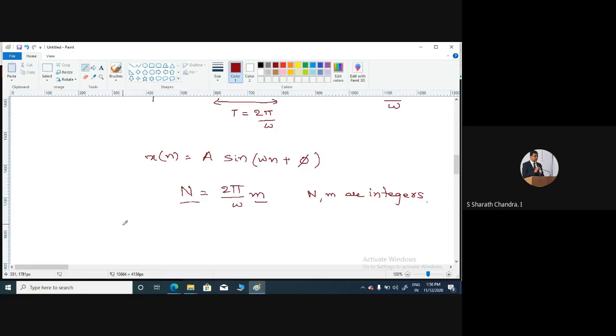All continuous time sinusoidal signals are periodic, but discrete time sinusoidal sequences may not be periodic depending upon the value of omega. We shall discuss this clearly whenever we are discussing the classification of signals too. And the graphical representation of a discrete time sinusoid can be seen in this way.